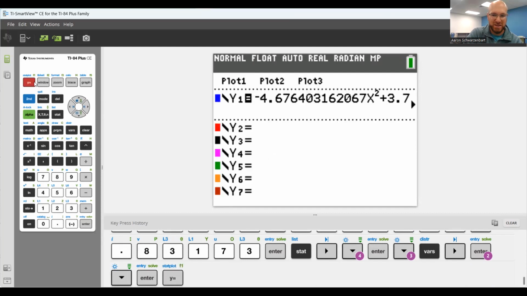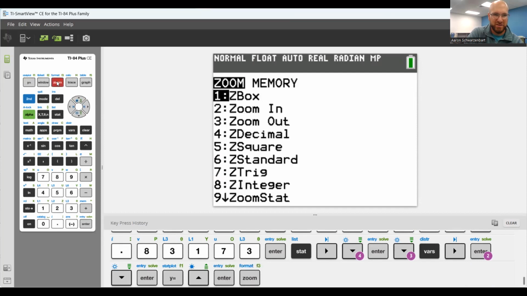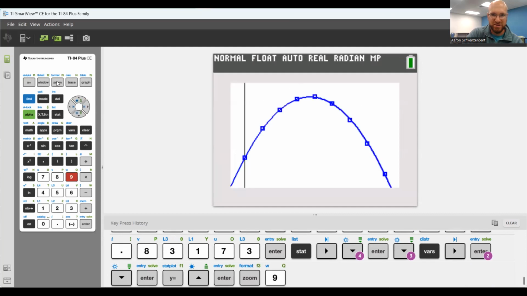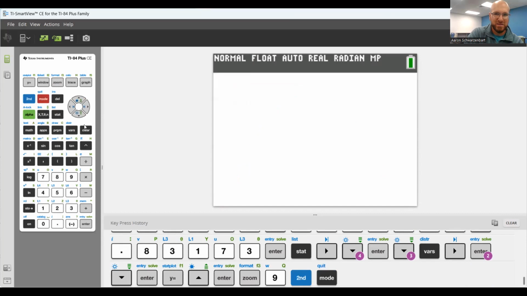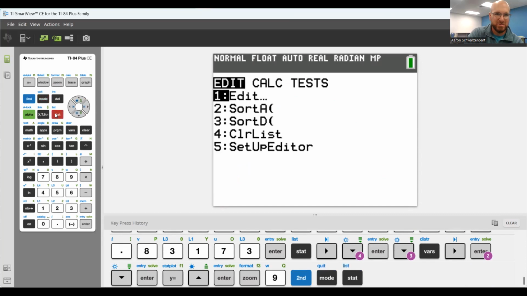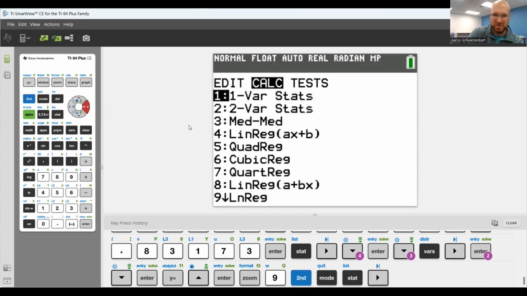I'll go turn my stat plot back on. I didn't change anything, so I can just go to y equals and turn it on. Zoom. If I hit the 9 button, it'll jump right there. And there's my data to the point. Okay. My equation. Oops. I didn't look long enough.